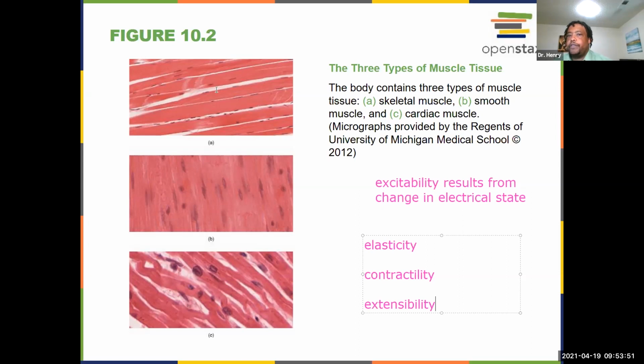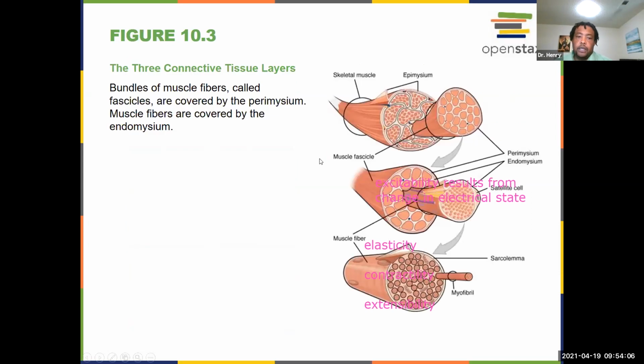Okay, so let's start with the skeletal muscle. In your skeletal muscle, there are going to be three connective tissue layers, right?